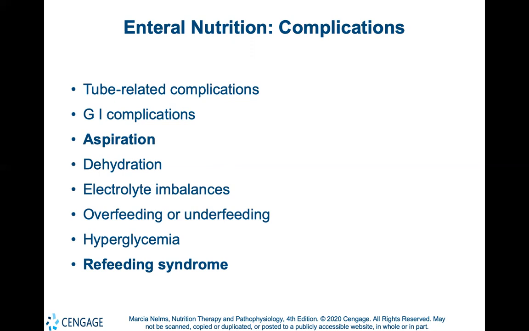Aspiration occurs when fluid is inspired into the lungs. Patients who are sedated, who have an endotracheal tube, or who have difficulty swallowing are also at risk for aspiration. Residual volumes of liquid in the stomach have also been used to determine whether a feeding was emptying from the GI tract, but guidelines for this practice are not well established.